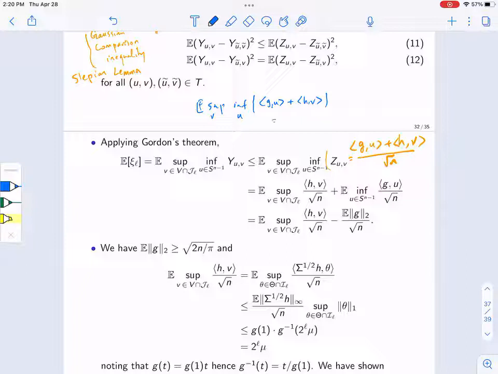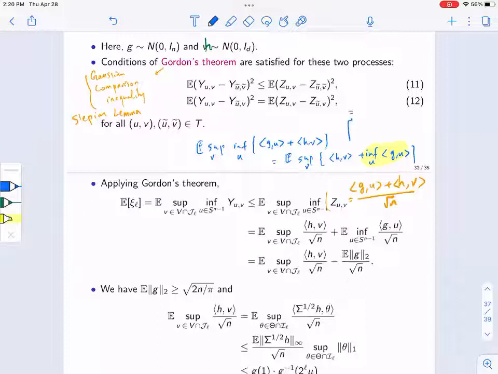When I do this, H v comes out from the infimum, sup over v. So you get inf over u G u, right? And then this whole thing doesn't depend on v, so now this comes out of the supremum.